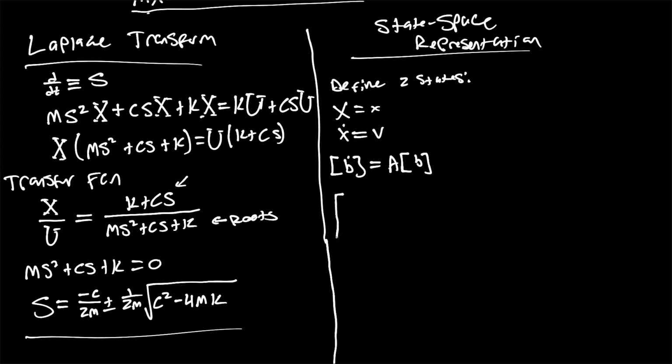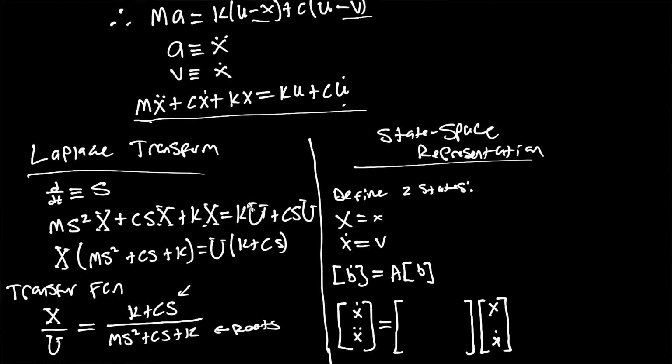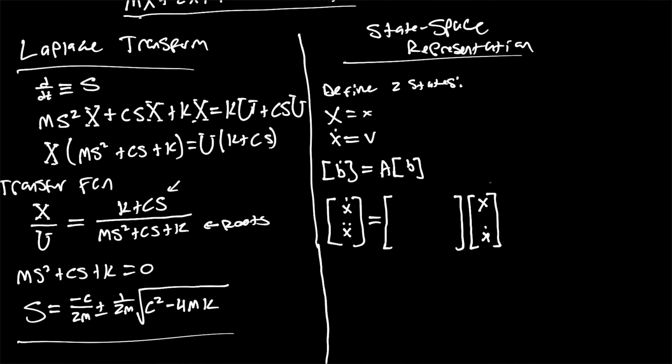So we plug in our states here, X dot, and finally X dot dot, or it could be V dot. It's going to be equal to some matrix times a column vector of our states, X, X dot. And because we've defined an input as U, we're going to say plus some vector times U.